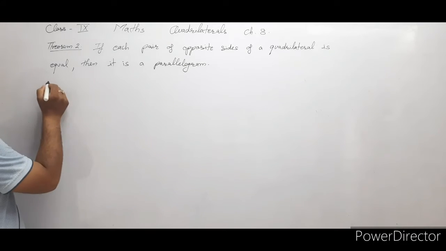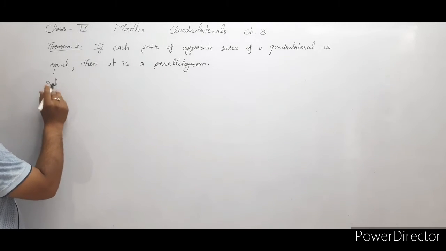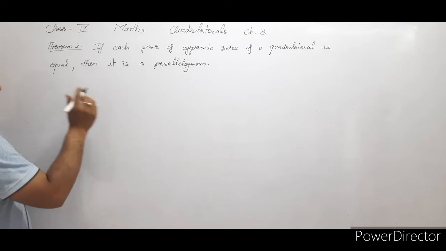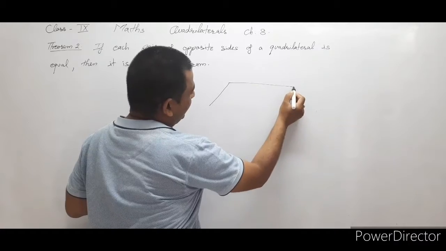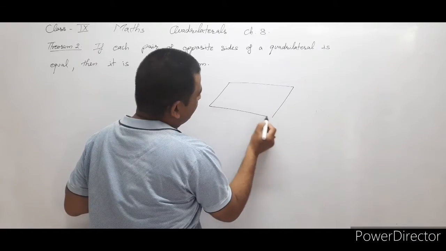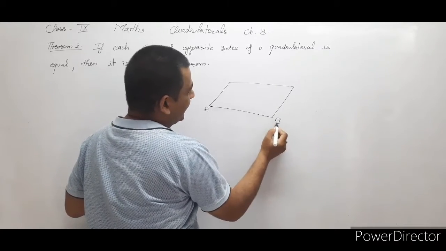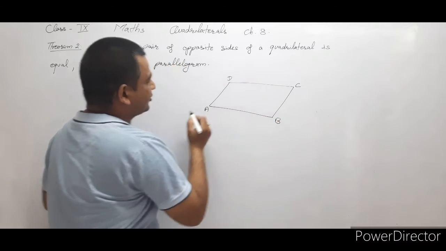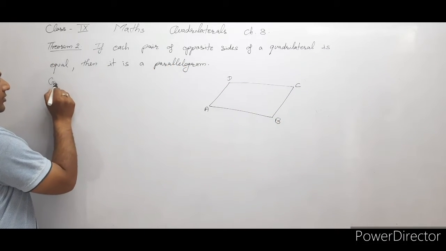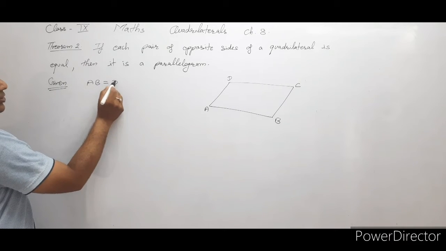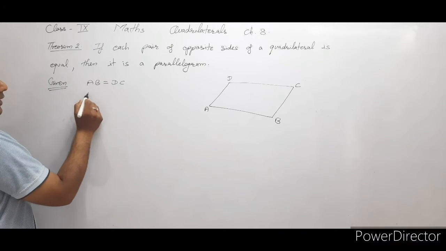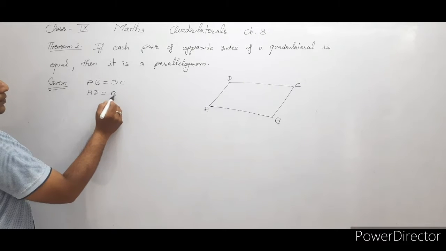Now, to prove this, the given part: first of all we will draw a quadrilateral ABCD. In this quadrilateral, it's given that AB equals DC and AD equals BC.